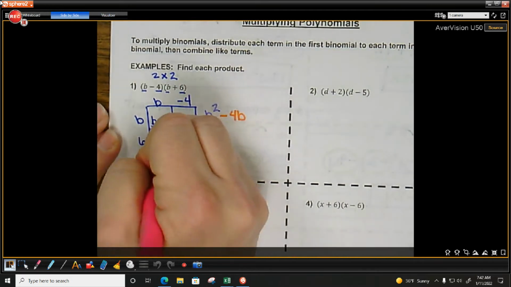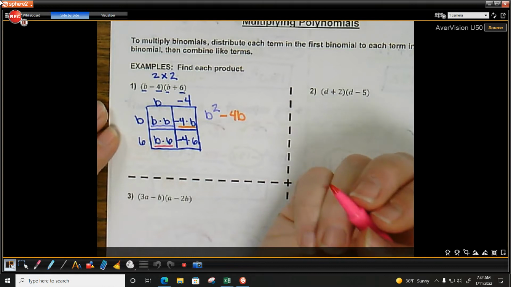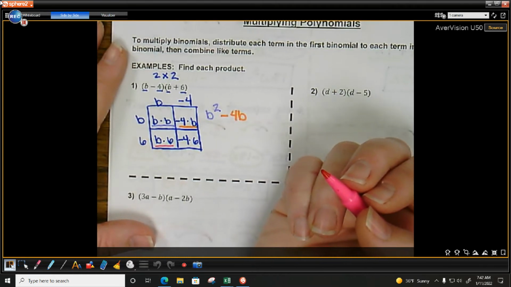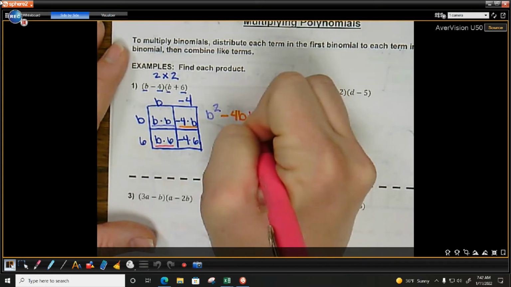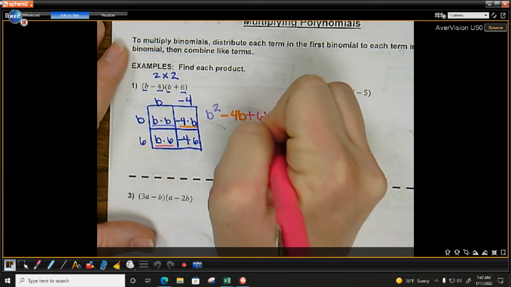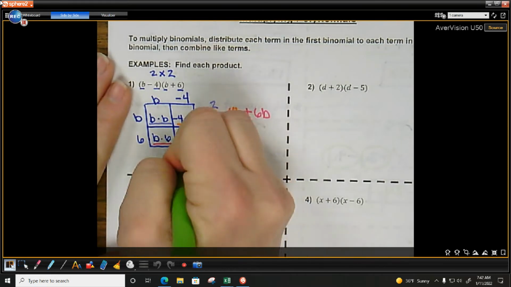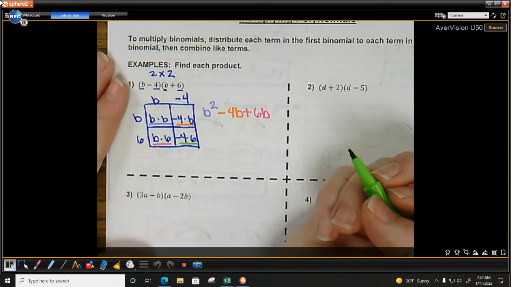What's 6 times B? And if it's a positive, what needs to go in front of it? Because we use what to separate our terms? Plus and minuses. So plus 6b. Good job. And then the last box is negative 4 times 6.